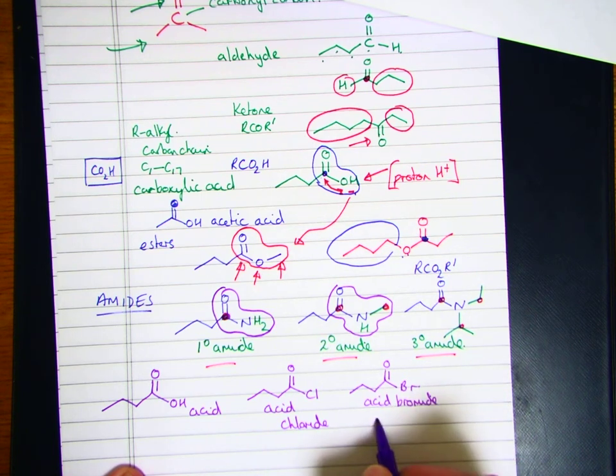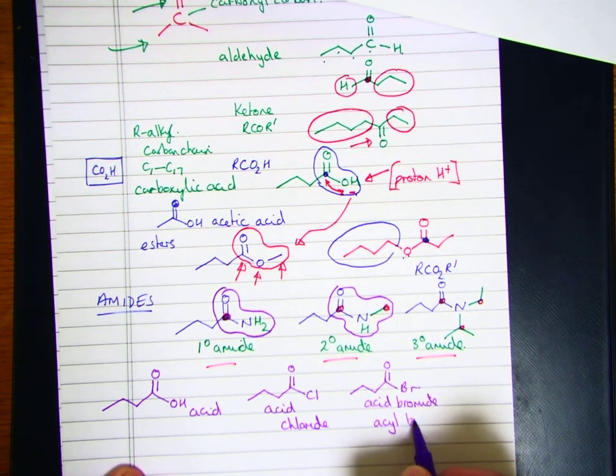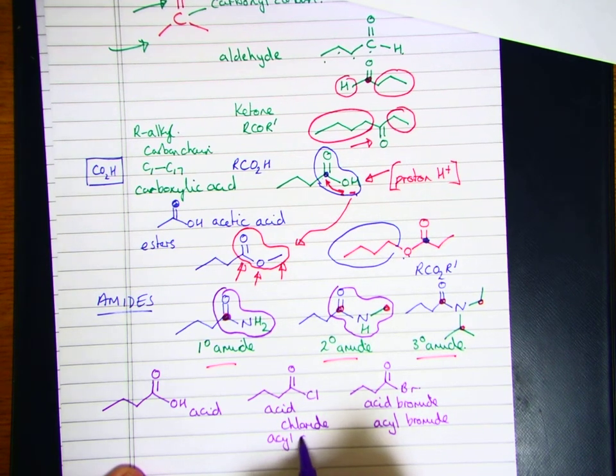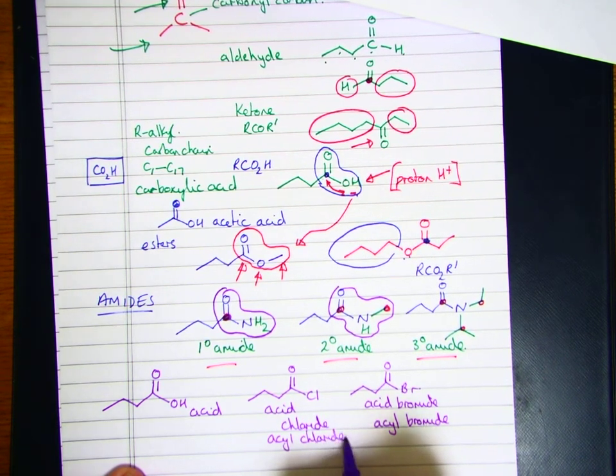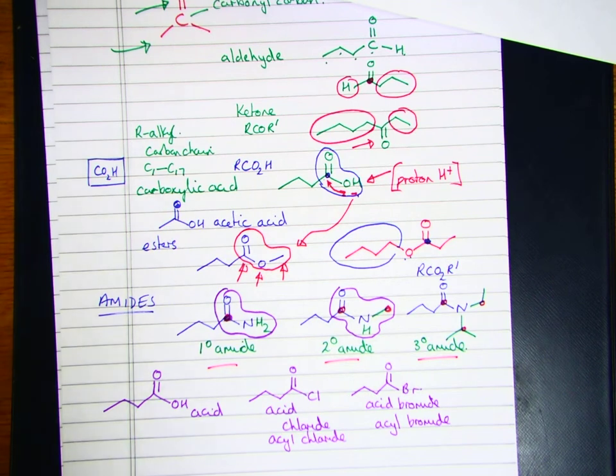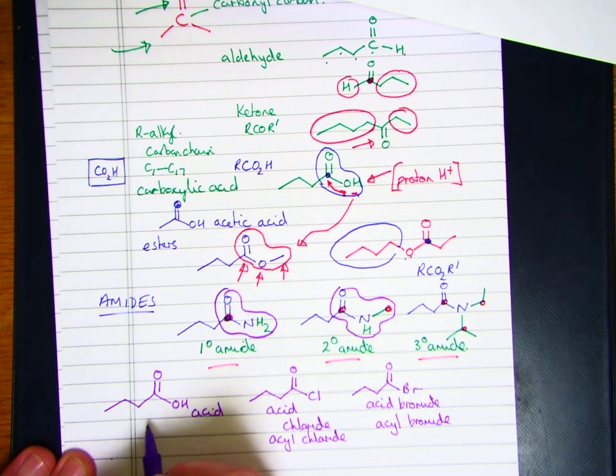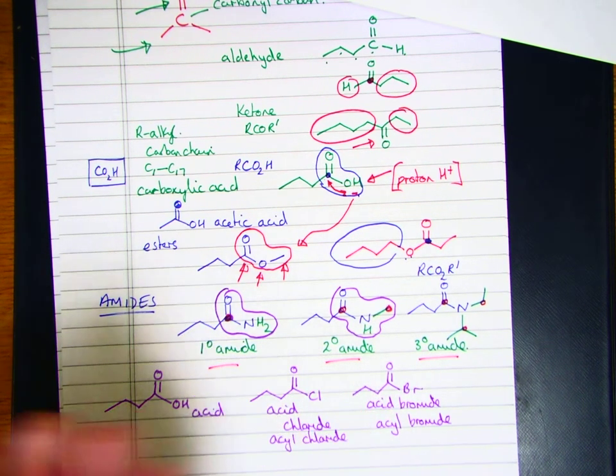And you may also refer to this as an acyl bromide or an acyl chloride. But those are your carbonyl centers with the halogens. Not a problem. Okay. And then finally, we have, if we can, I will stop and come back to the last one.